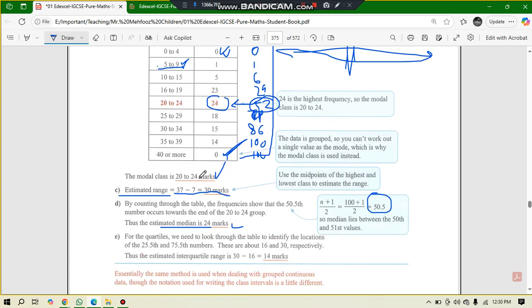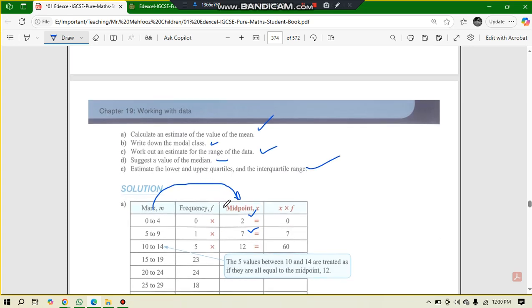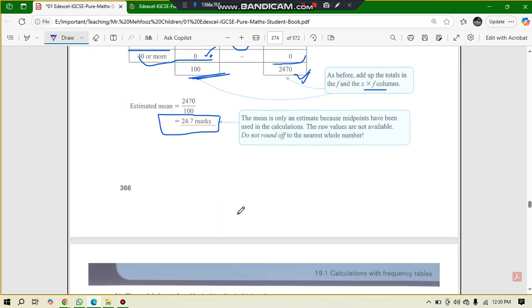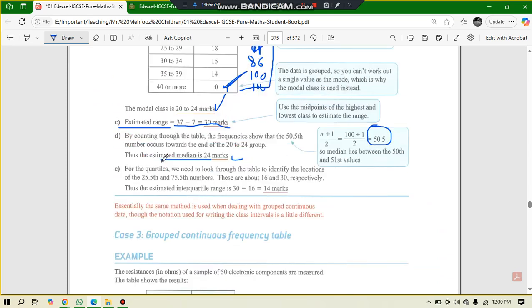Yes. Okay, next is part E. Estimate the lower and upper quartile and then the interquartile range. For the quartiles we need to look through the table and identify the locations of the 25.5th and 75.5th numbers.